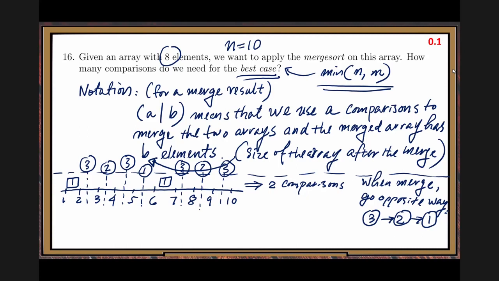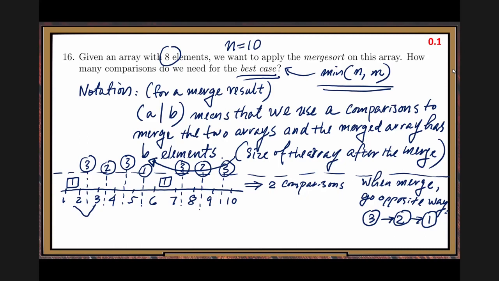So round 3. We merge these two subarrays, right? You do the merge with respect to the dotted line 3.